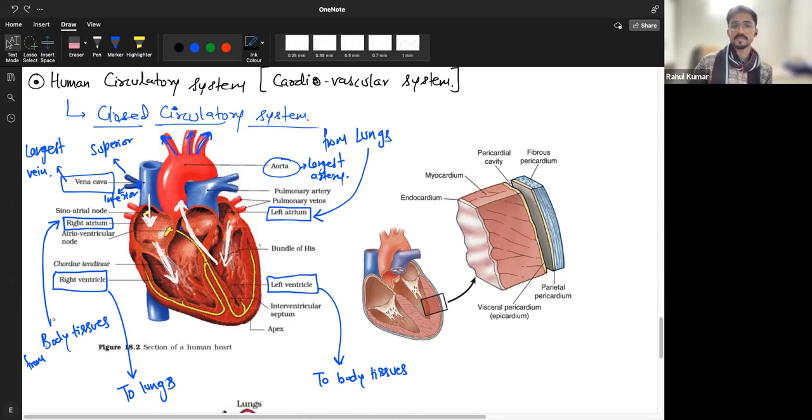What's always true is that veins bring the blood to the heart and arteries take the blood from the heart. Here, from the right ventricle, what kind of blood is leaving the heart? Deoxygenated. But what kind of blood vessel will carry it? A vein or an artery?